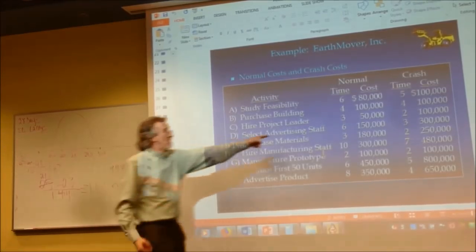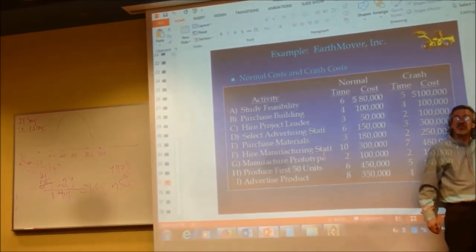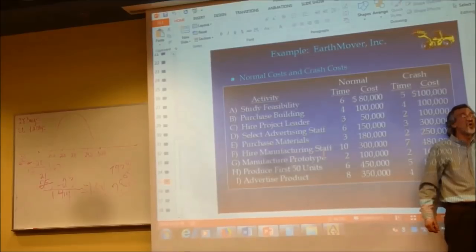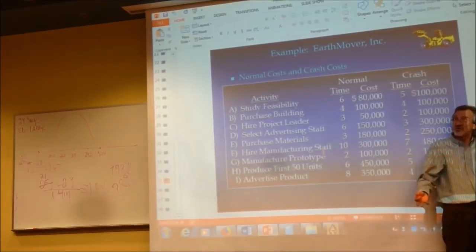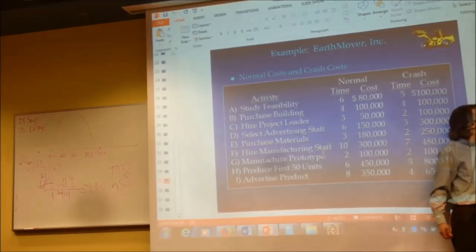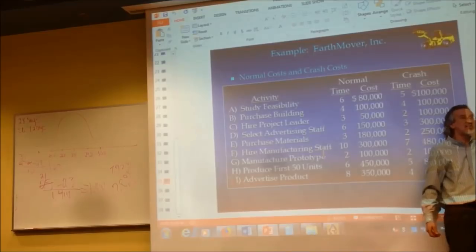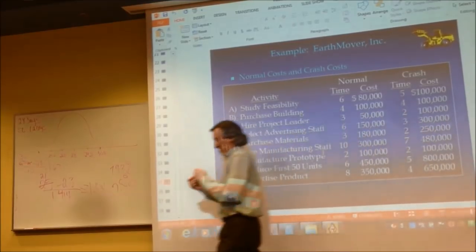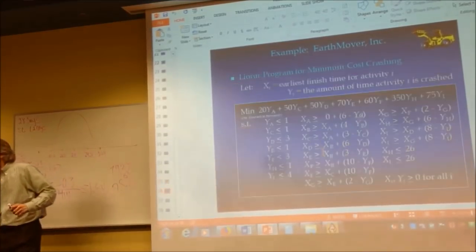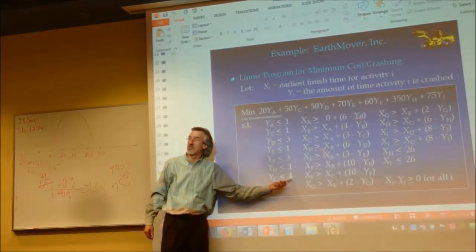This other column, where you calculated how many units of time could be crashed for every activity, you just wrote your y constraints. Y sub A less than or equal to 1. Y sub C less than or equal to 1. Y sub D less than or equal to 3. Everybody see that? So that's how these y constraints, y sub A less than or equal to, y sub I less than or equal to 4.